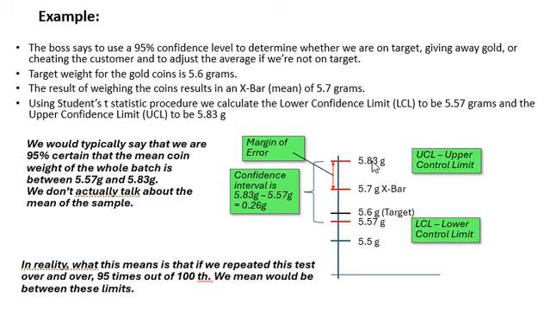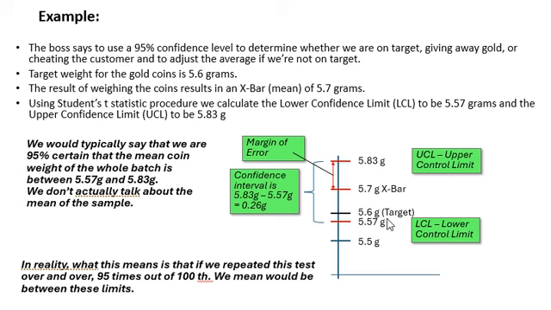These are the margin of error. Your confidence interval is 5.57 to 5.83 grams. If you subtract, you get the range, your max minus your minimum, so your range is 0.26 gram.